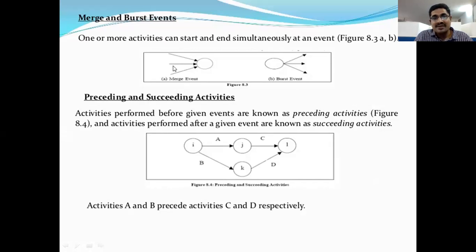When 3 or 4 activities come from and connect with a single activity, that is called a merging activity. From one point, 3 or 4 other activities deviate, that is called a burst event. Next, suppose we take the example of J: the activity before this is the preceding activity, and the activity after is called the succeeding activity.